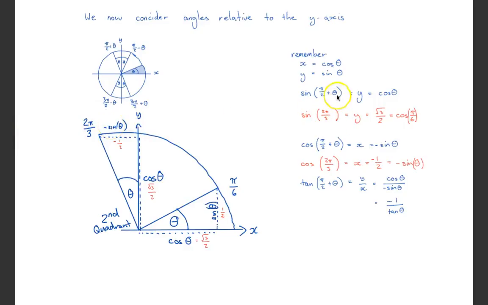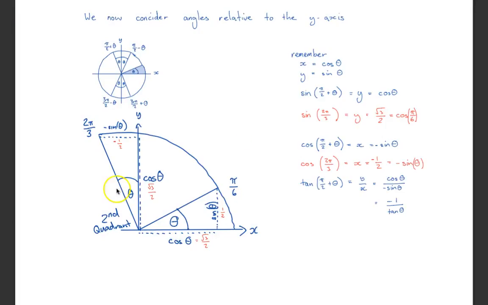So say for instance we want to find sine of pi on 2 plus theta. Now sine, we remember, is the y coordinate of that angle. So if we have a look here, here's our angle, this is our sine of pi on 2 plus theta. The y coordinate of that angle is cos of theta. So we get this relationship: sine of pi on 2 plus theta is equal to cosine of theta.